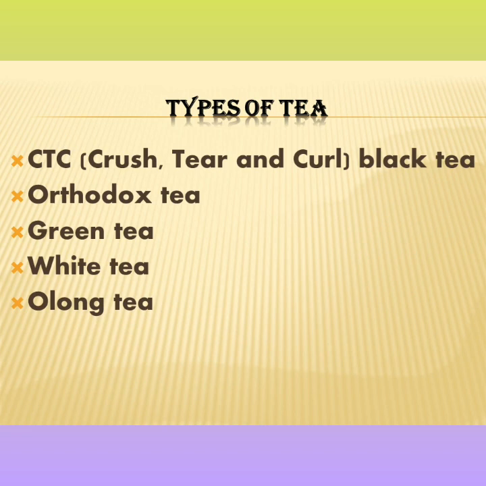But I must clarify that we are not covering all the types of tea. These are basically the major types of tea, but there are still a number of types of tea, and all the types depend on the processing parameters or the processing technique.